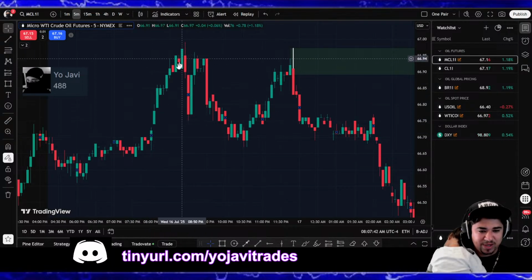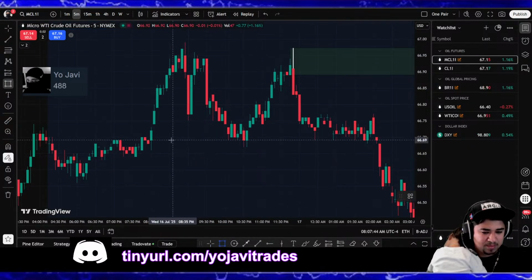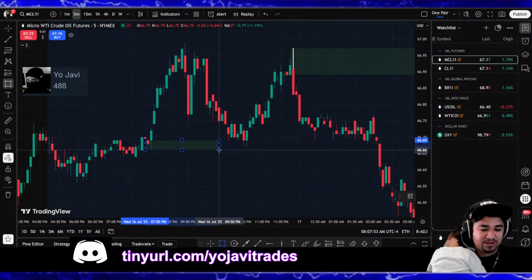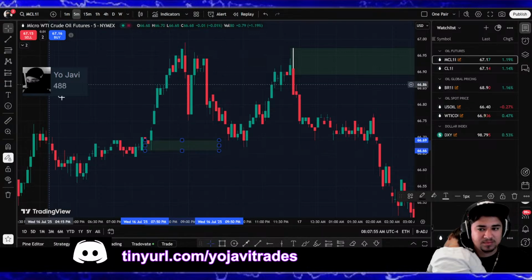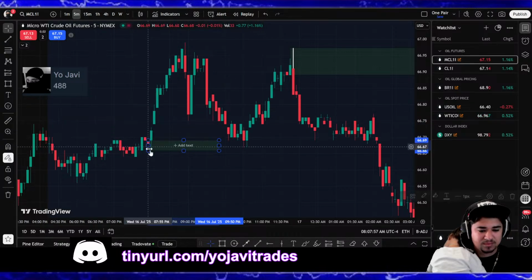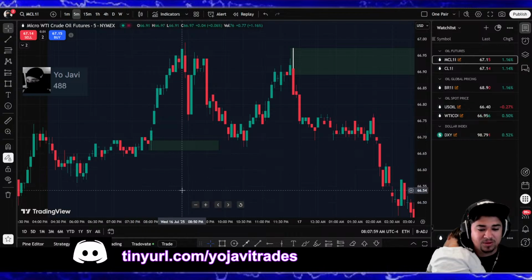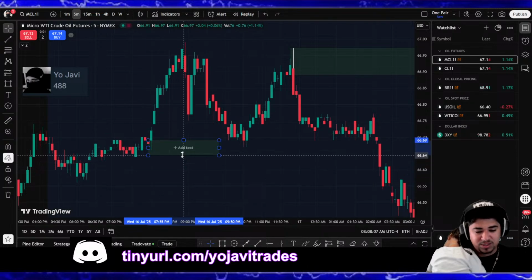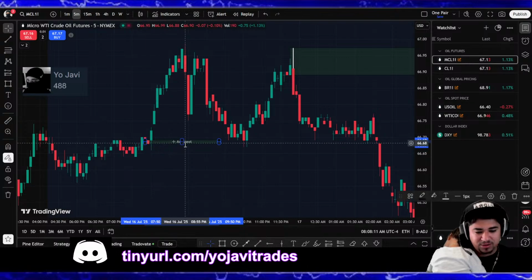Look at this demand right here. You see, there is a lot of buying going on right here. Where did that buying start? It started down here. You see that red candle? And remember what I said, if the candle that pushes out goes lower, I didn't draw the zone like this.